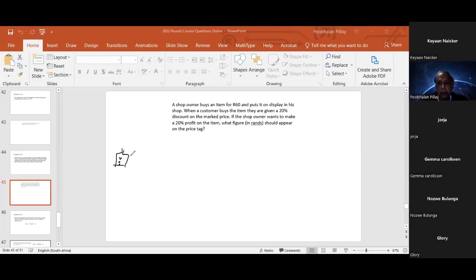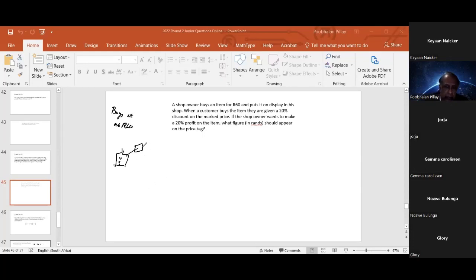And he puts it on display and puts a tag on this thing. He buys it at 60 rands. Now, when the customer buys the item, they are given a 20% discount on the marked price.